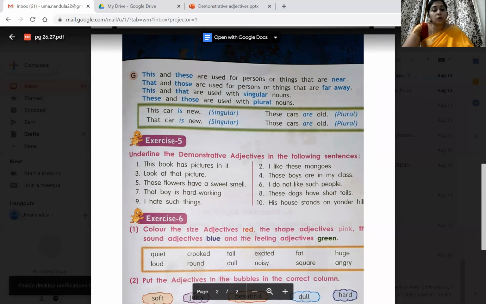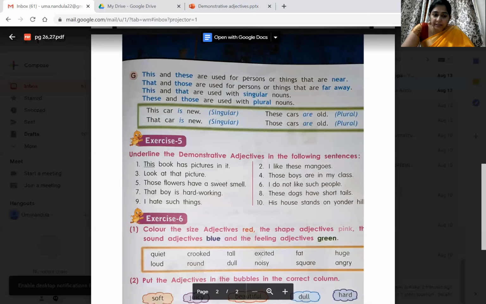These and those are used with plural nouns. I read it, but I explained it already to you. If you go through it again, you'll understand the first line, this and these, very near. That and those, very far. This and that, singular nouns. These and those, plural nouns. That is what he is showing the difference.